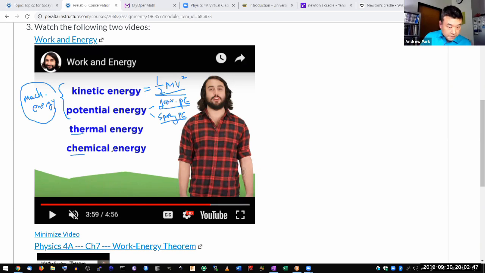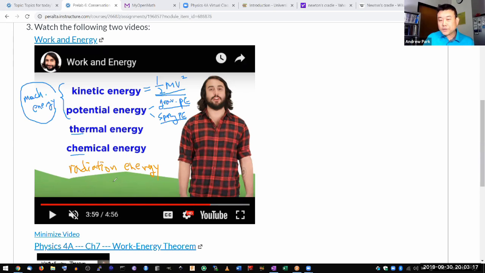With that, I need to mention a few more things that aren't listed here, because when you eventually go up to physics 4C, you will see other forms of energy. The other forms I want to mention now are radiative energy, or radiation energy, which is the energy carried by light, by electromagnetic radiation.